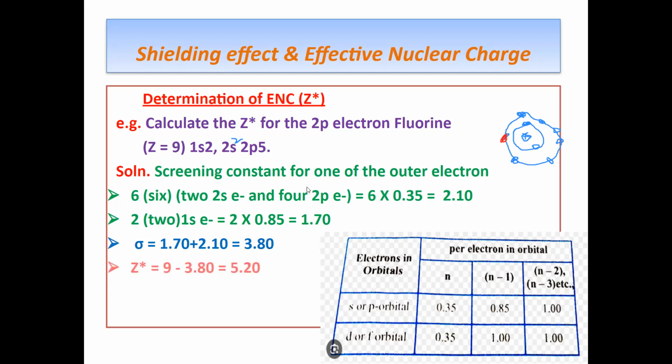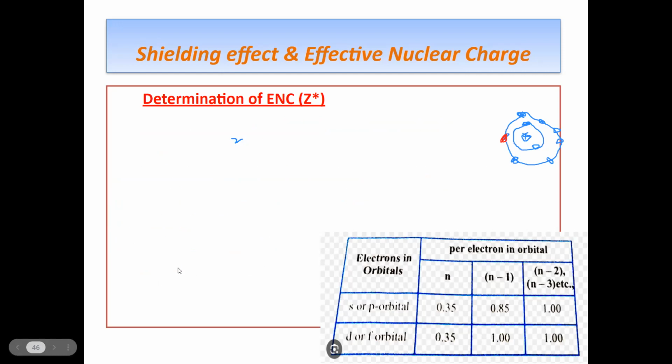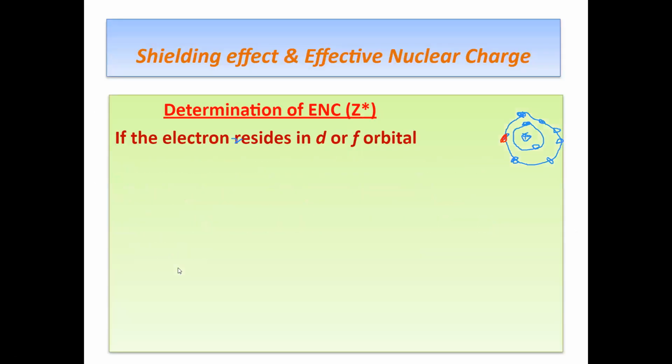Now the Z star formula. Z star is the effective nuclear charge. That formula is Z minus sigma. Previously I told you, but let me repeat once again.